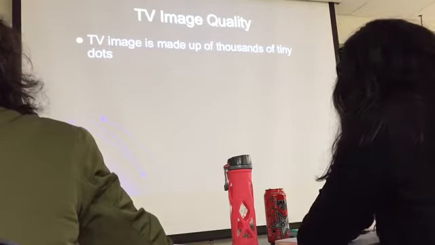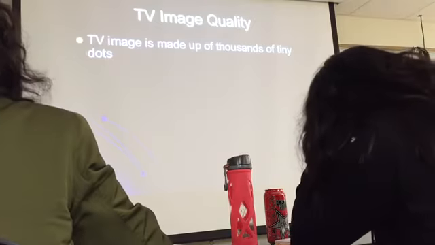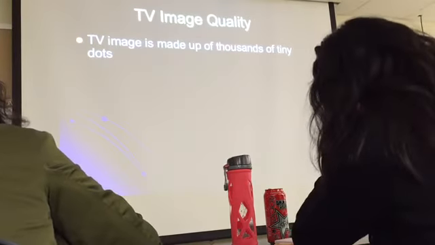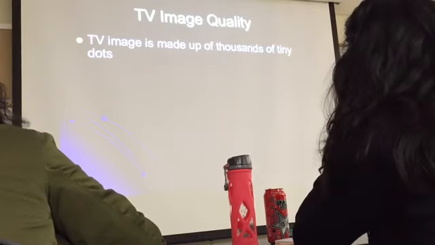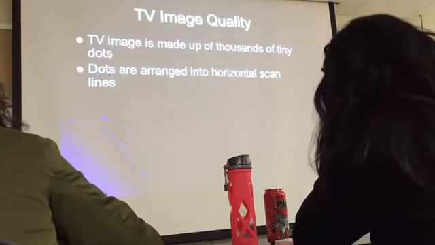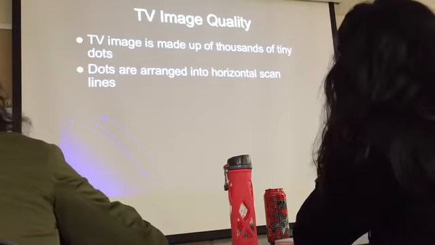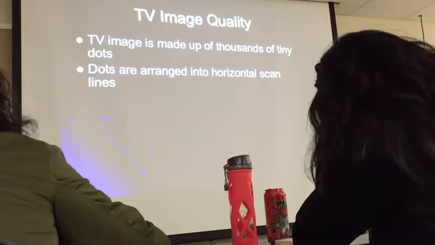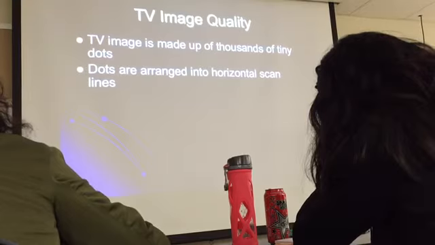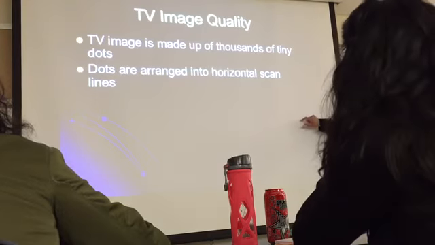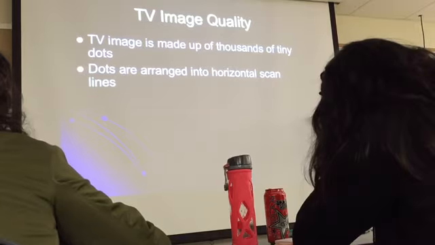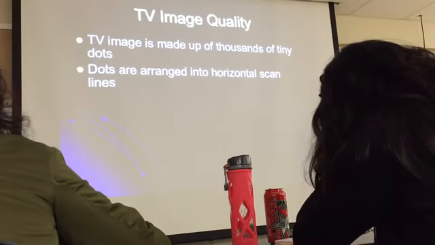Okay, so TV image quality. A TV image is made out of thousands of tiny little dots. And when these dots are hit with the electrons, they create light. Dots are arranged into horizontal scan lines. So you have this frame, just like I showed you with that picture here. You have those lines, you have these dots, and those dots are hit with the electrons, and then they shine.